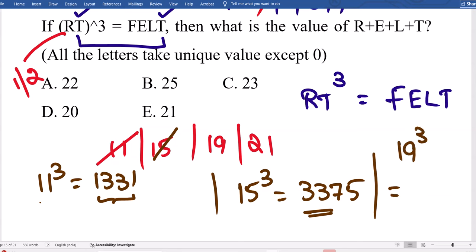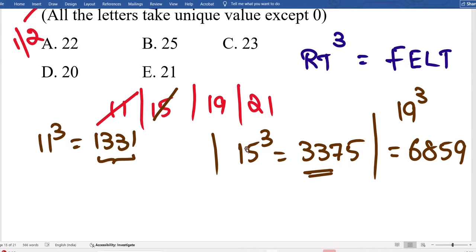19 cube answer is 6,859. 6, 8, 5, 9, all are different letters. This is possible. And you may have a doubt, why not 21 cube? What is 21 cube? 9,261. Now why is 21 cube eliminated?